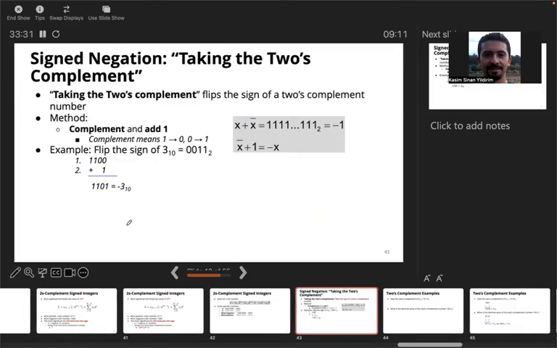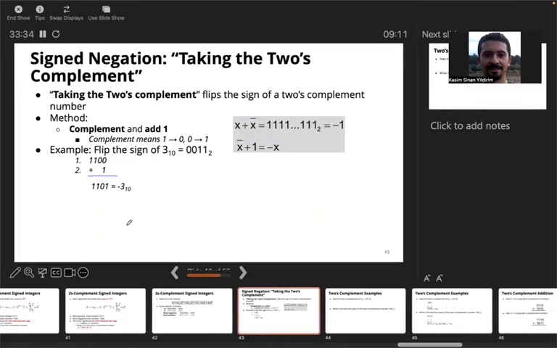So if this is clear, let's see what the impact of taking 2's complement of a number is.